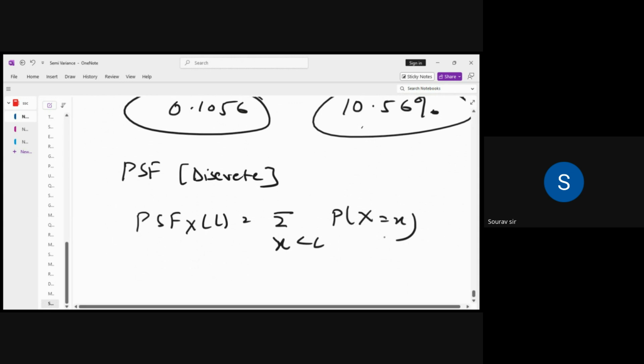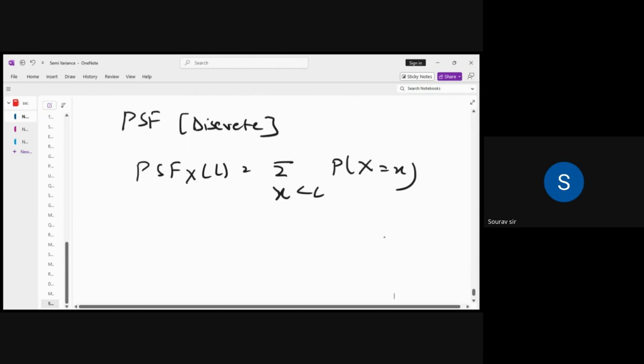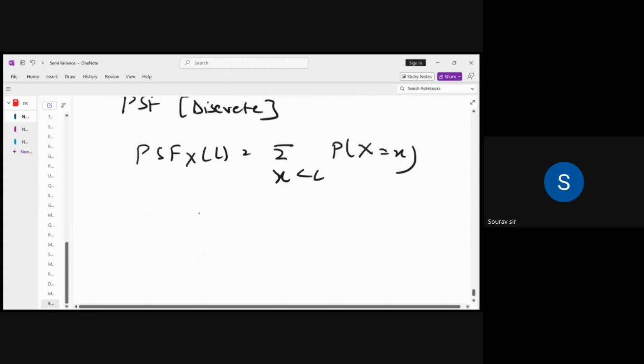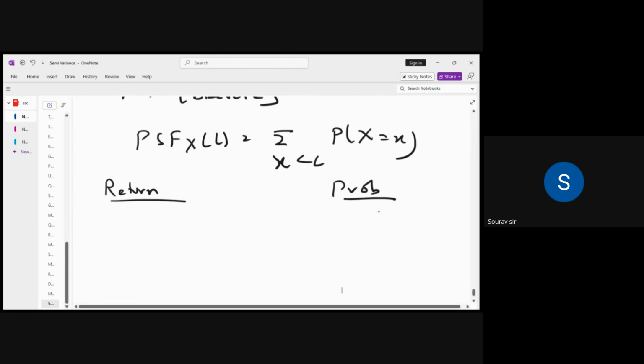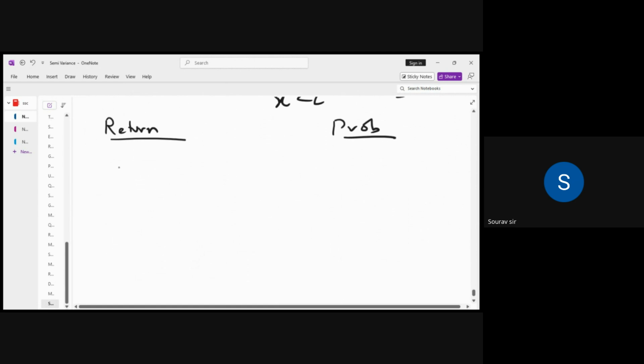Now suppose an investment has the following possible returns and probabilities. The returns are minus 5%, 0%, 5%, 10%, and 15%.